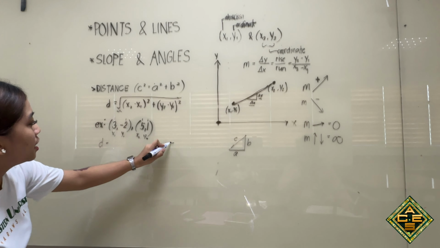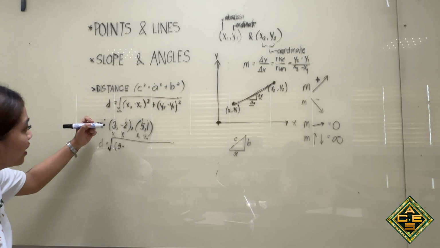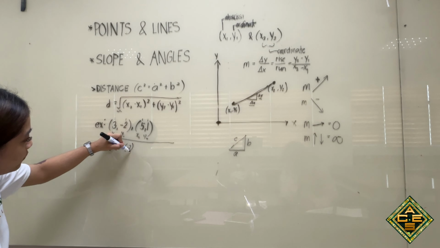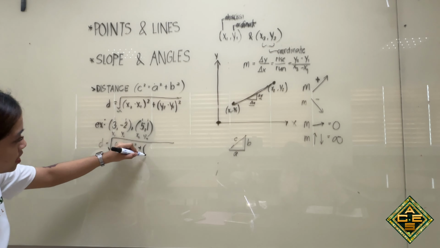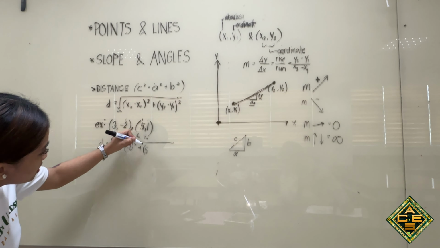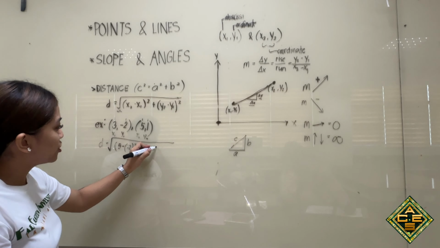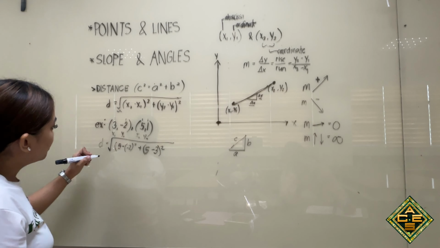Okay, so we plug into the formula. We have 5 minus negative 2 squared plus 1 minus 3 squared.